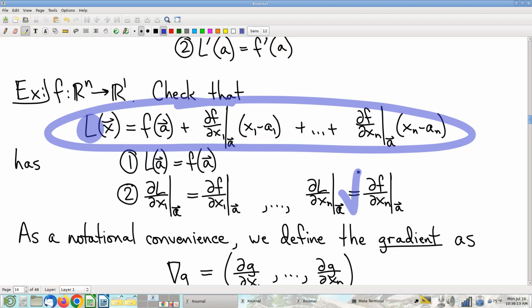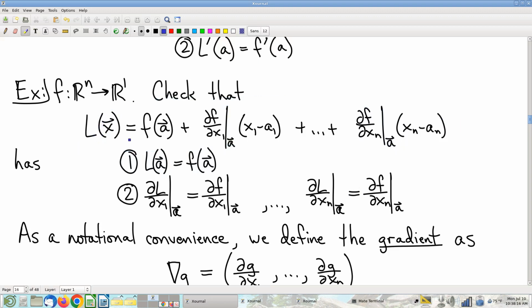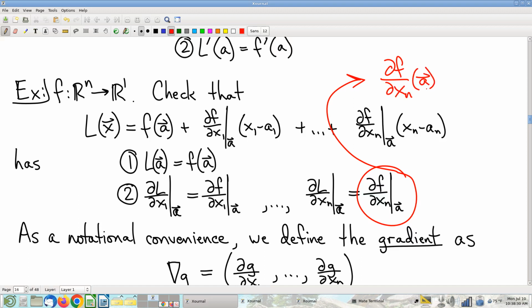Yep. What is the bar A? Oh, yeah, that's just a notational thing. This right here is just a notational alternative to saying partial f with respect to xn of A. But the problem is that if you look at how this was written here, then I would have an expression and then something in parentheses and then something else in parentheses, and it makes it look like you're multiplying.